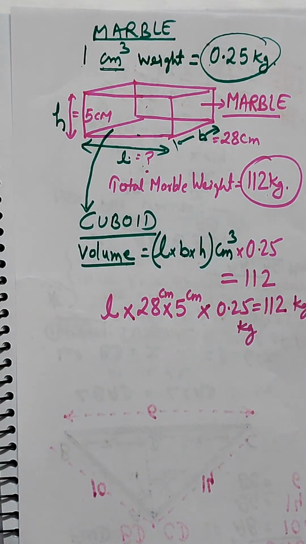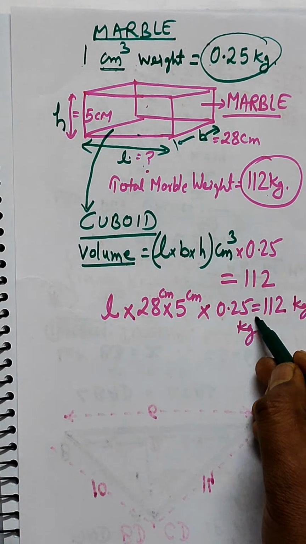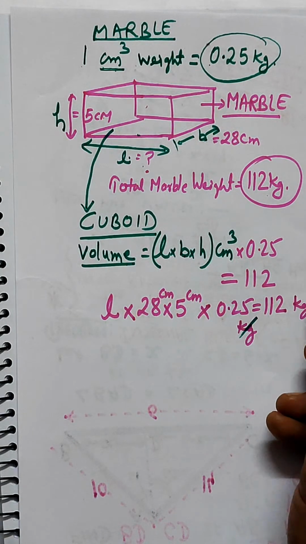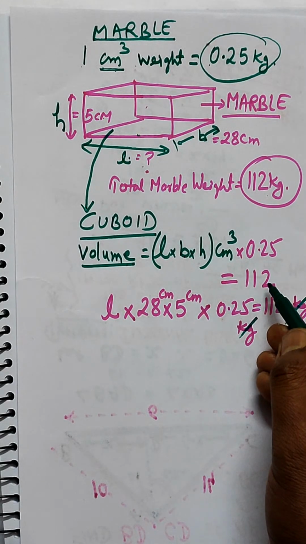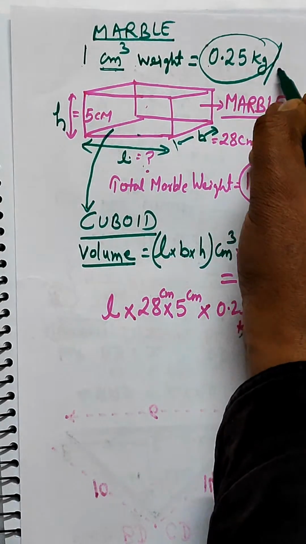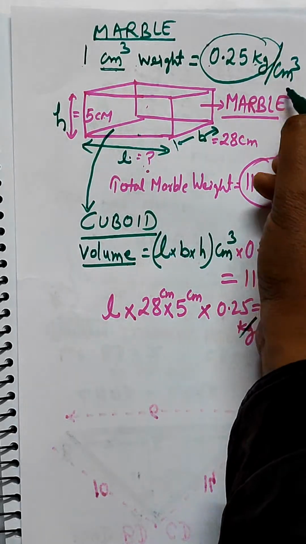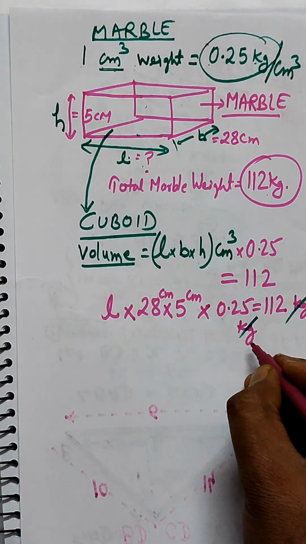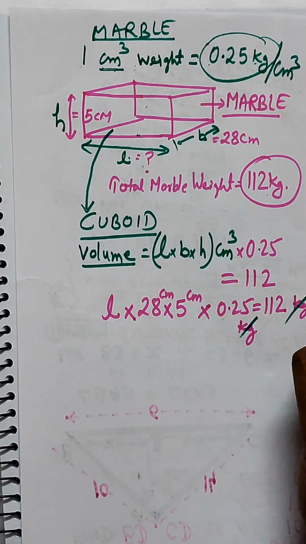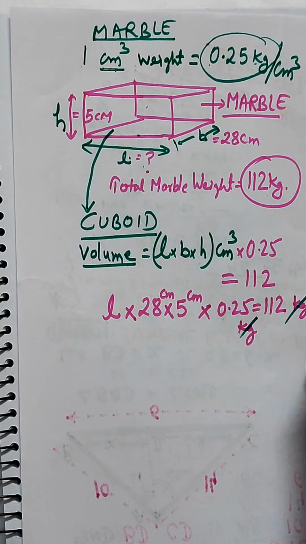So here you can just see the units. Kg and kg will be cancelled out, right? 0.25 kg is per cubic centimeter. Unit weight is given. So this cubic centimeter will be coming to the RHS here.